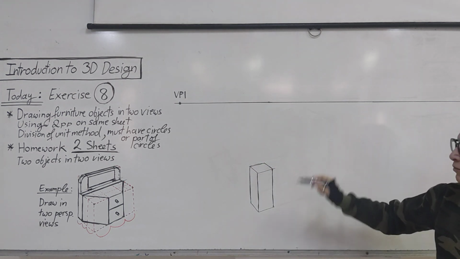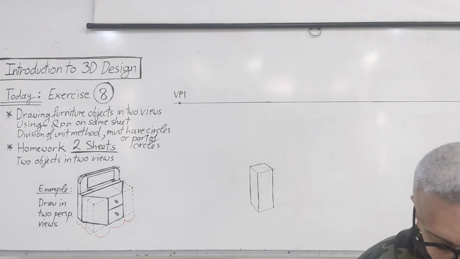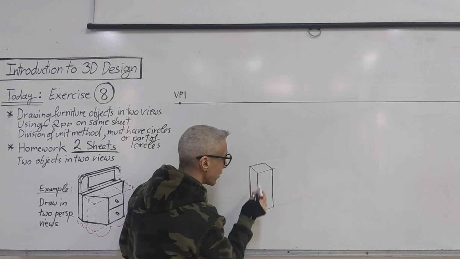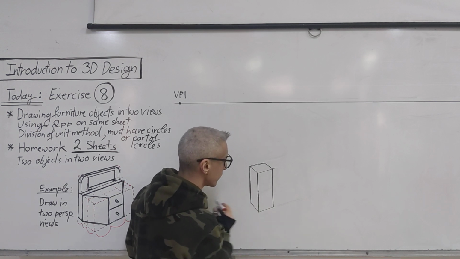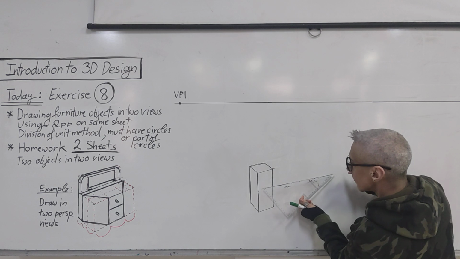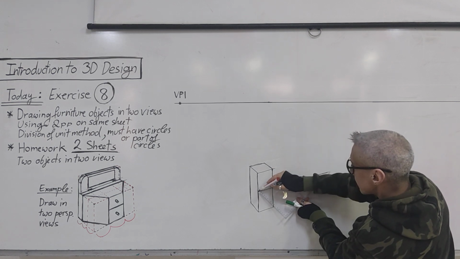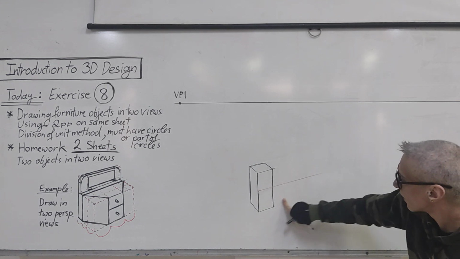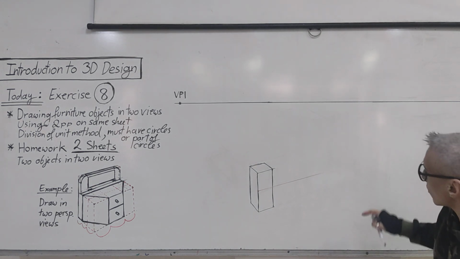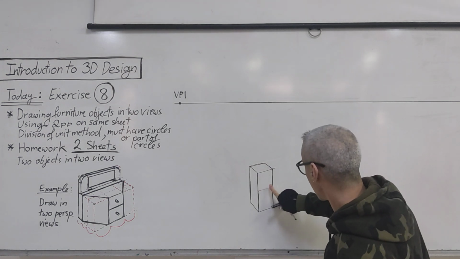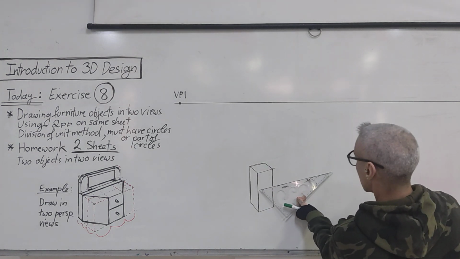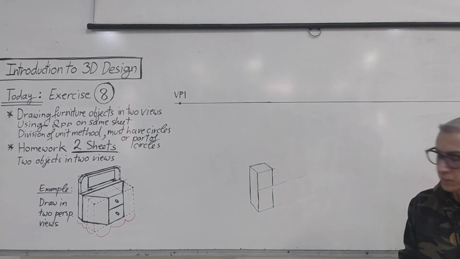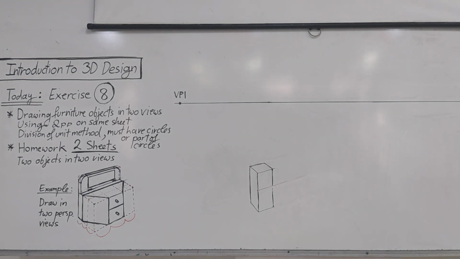And then I will divide it using the division of the unit method, which is how the first edge, half of it, okay, half, and we take to the vanishing point, a line, the vanishing point. And after that, what did we do?